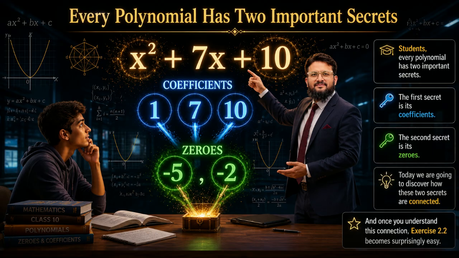The second secret is its zeros. The zeros are hidden values of x. For this polynomial, the zeros are minus 5 and minus 2. Students, coefficients are visible, zeros are hidden, but mathematics connects the visible coefficients with the hidden zeros.